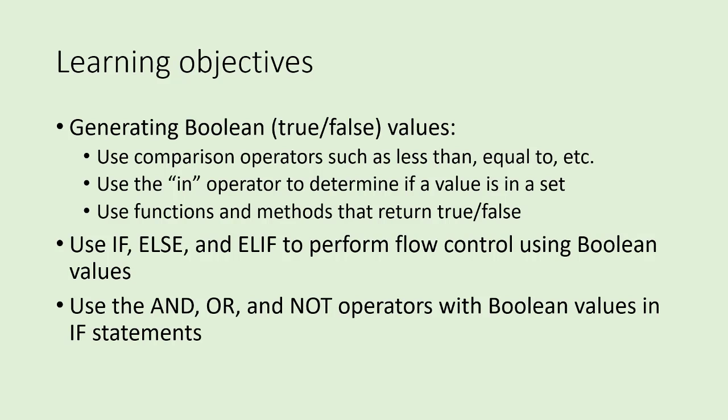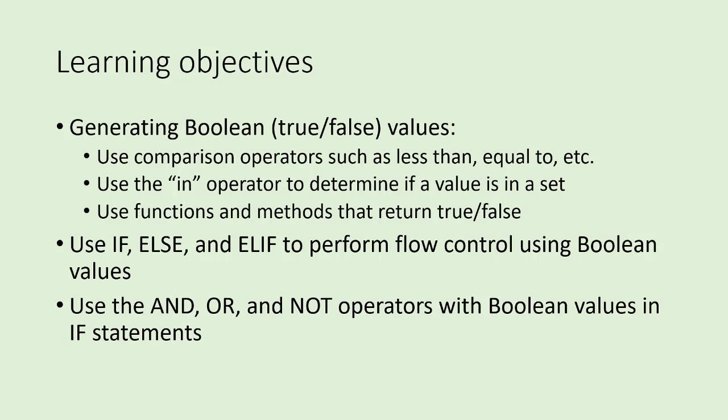So the learning objectives here, we're going to talk a little bit more about Boolean values, which are values that are true or false, particularly different ways that we generate these. So comparison operators like less than or equal to. There's an operator called in that determines if a certain value can be found within a set or not. And there are a lot of different functions and methods that return true or false.